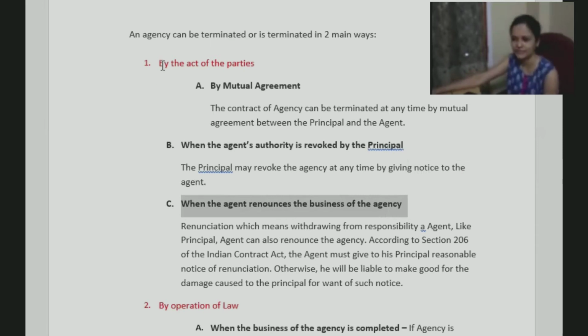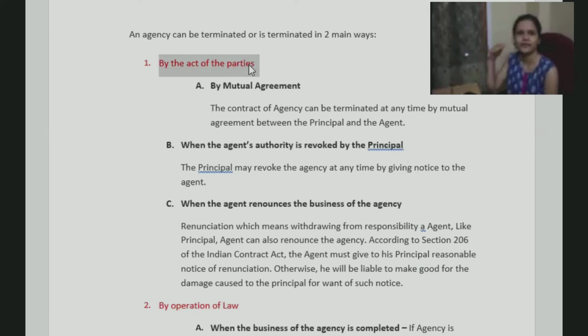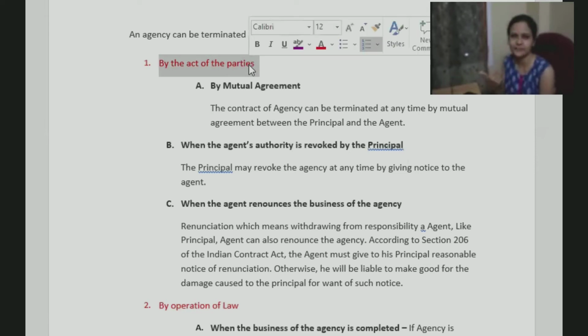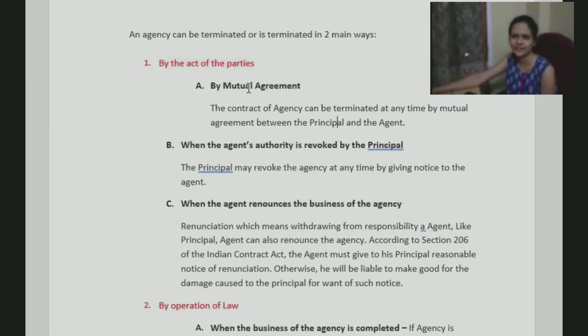So when we say act of parties, it may be because of an act of the principal, because of an act of the agent, or it might be a mutual agreement between the two persons. So we basically have three things, and you can remember them easily. There are two parties. It might be because of the principal, the agent, or both of them. That is mutual agreement, revocation of authority by the principal, and renunciation of business by the agent.